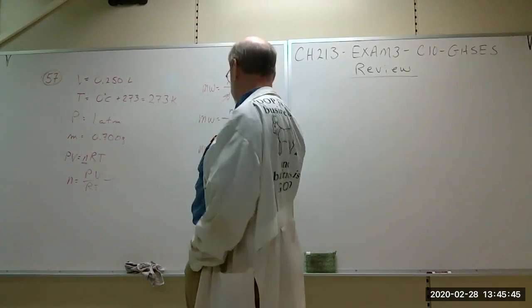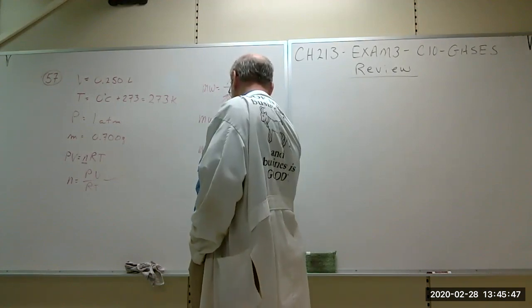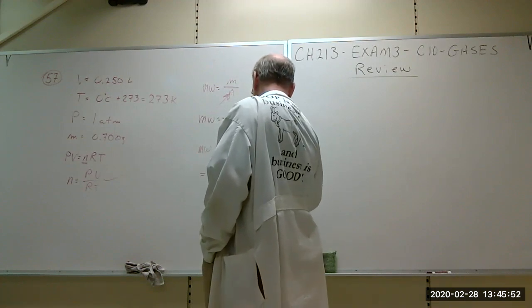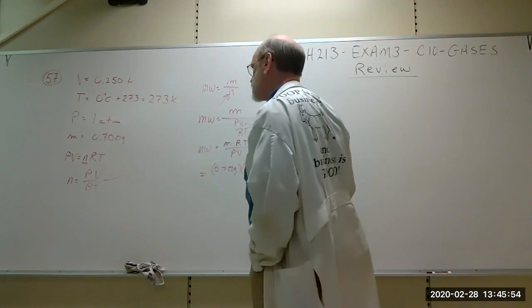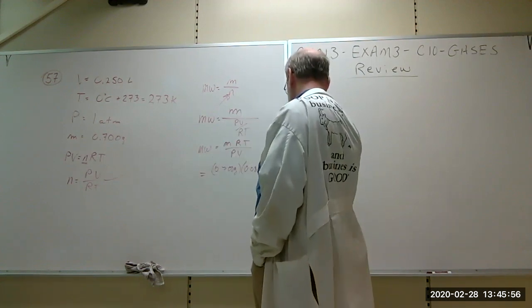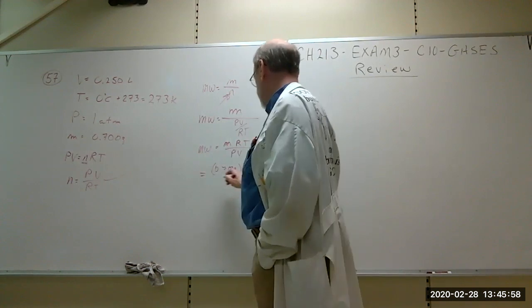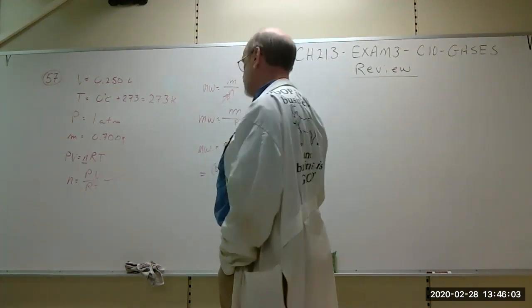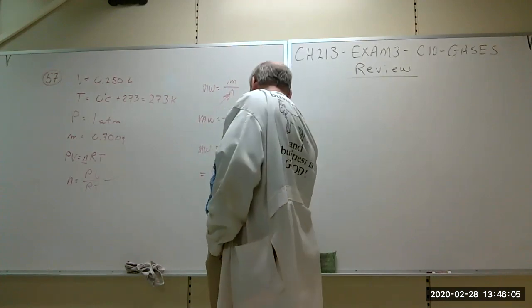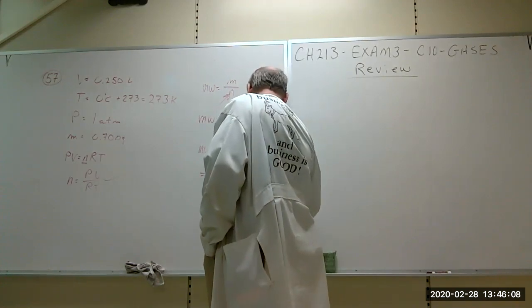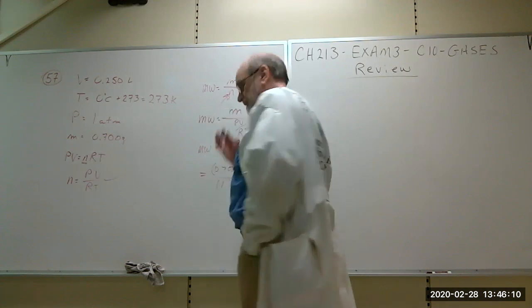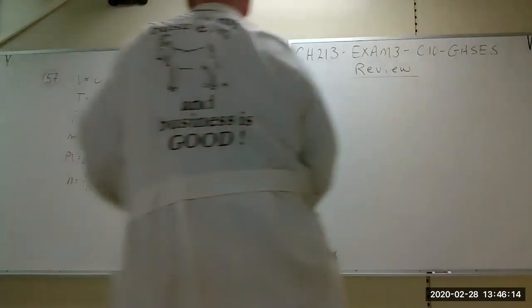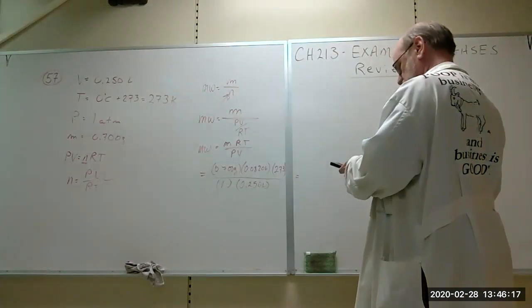So let's see, the mass was 0.7 grams, R is 0.08206, temperature is 273, pressure is 1 atmosphere, and volume is a quarter liter. There we go. And then we can just do it. Crunch the numbers. We've done all the thinking already.